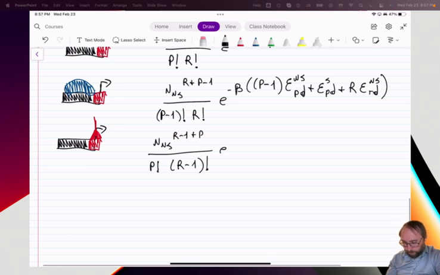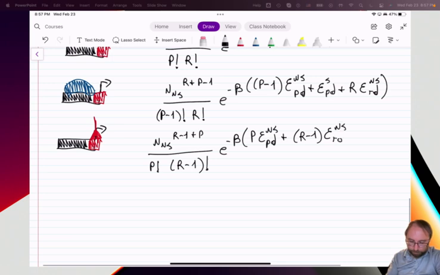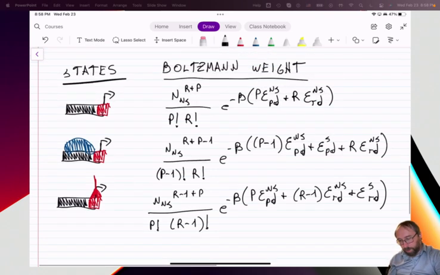And finally, this is e to the minus beta P epsilon non-specific polymerase to the DNA plus R minus 1 epsilon non-specific repressor to the DNA plus epsilon specific repressor to the DNA. Okay, so we're done.